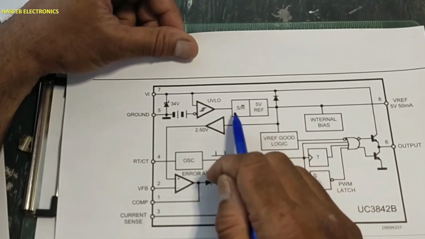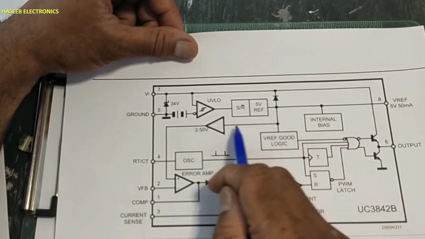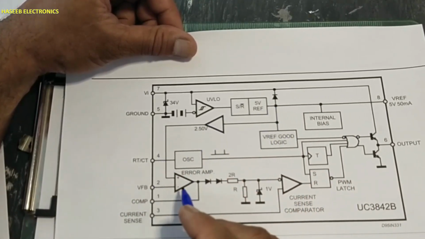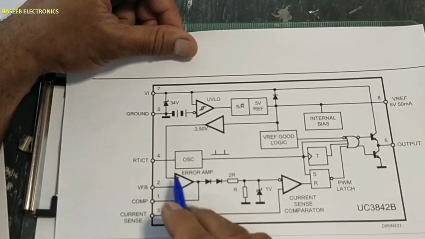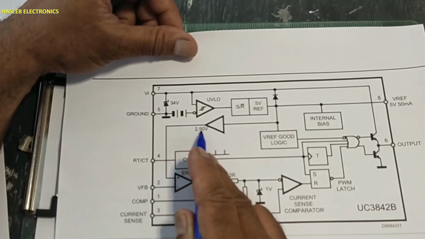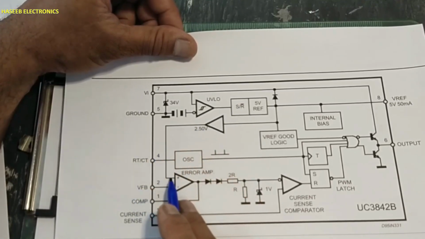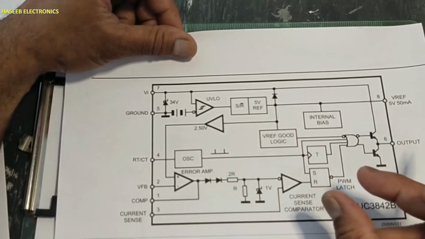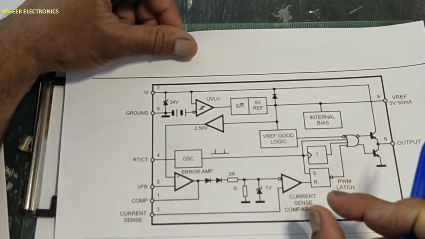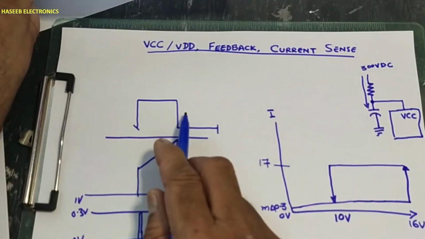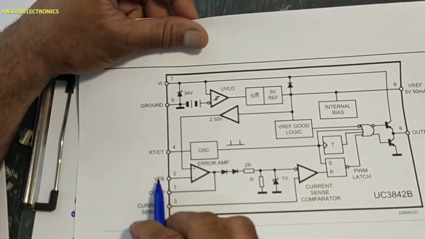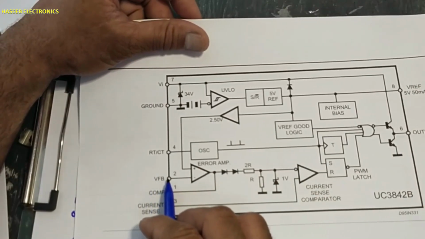Why? Because in this chip there is a biasing supply for the non-inverting input of this feedback comparator, providing 2.5 volt. That means it will keep increasing the duty cycle from minimum to maximum until it receives 2.5 volt at this pin.